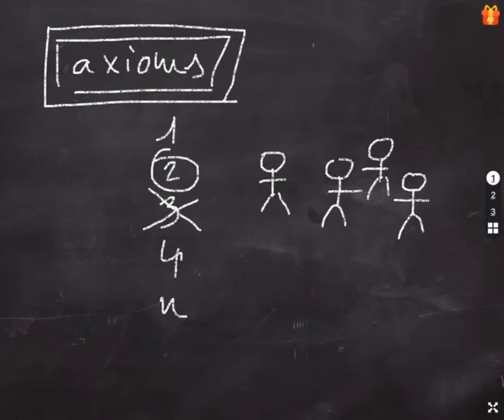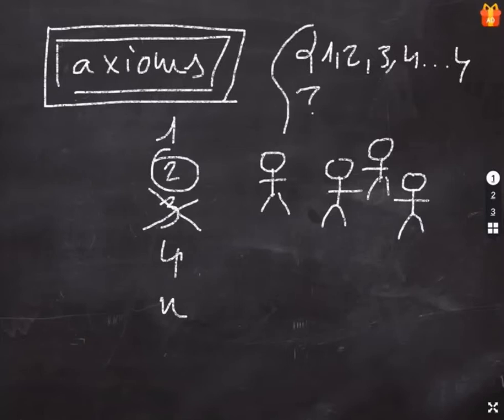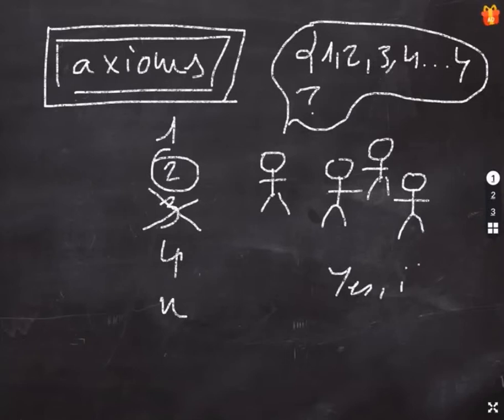So, for instance, one of these persons over here says, do you agree that, I don't know, a natural number is an element in the set 1, 2, 3, 4? This person here is asking that question, and the rest of them say, yes, it seems logical.